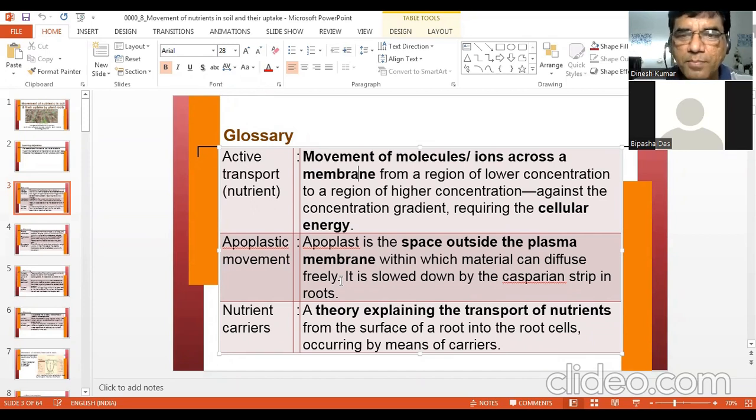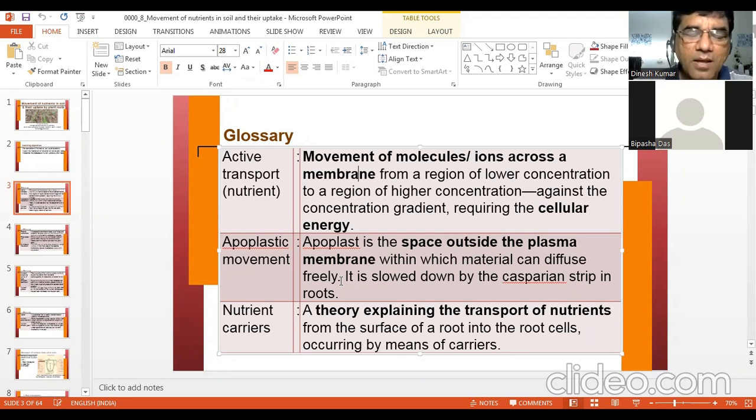So actually what is happening, the first thing is that it has to pass through the membrane and then it can diffuse freely. Diffusion means again from higher concentration to lower concentration. It is slowed down by the Casparian strip in roots. Later on, if you have seen the structure of the roots, you will find some bands or layers of Casparian strips in the root systems.